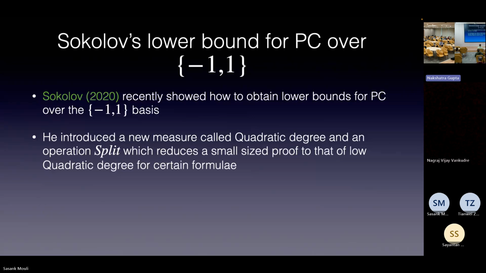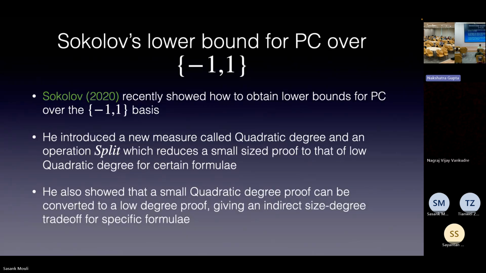So indirectly we get a size degree trade-off, but only for specific formulae which are robust to this split operation. Okay, so it's an indirect way using this new operation and this new notion of quadratic degree, but it was essentially a size degree trade-off for some specific formulae. And so basically his result was lower bounds for PC over plus minus 1 basis.